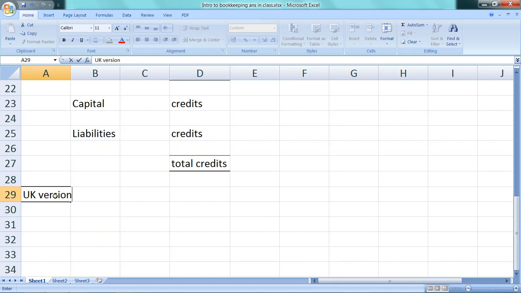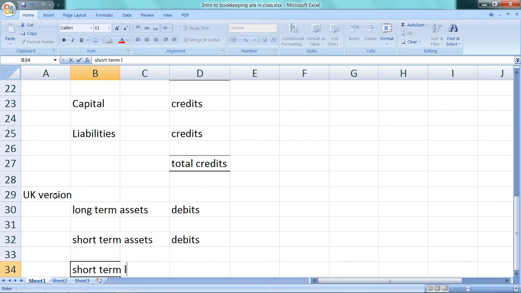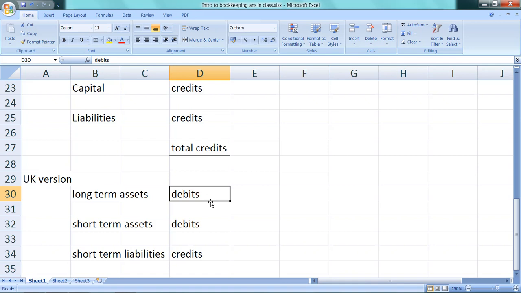It actually splits this down to a little bit more detail. And what it does is it looks at long-term assets first, then it looks at short-term assets. So they're going to be debits. It doesn't total them down yet. It then looks at short-term liabilities, which will be credits, and it now comes up with a net total.